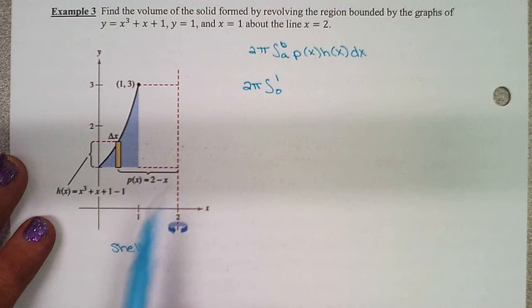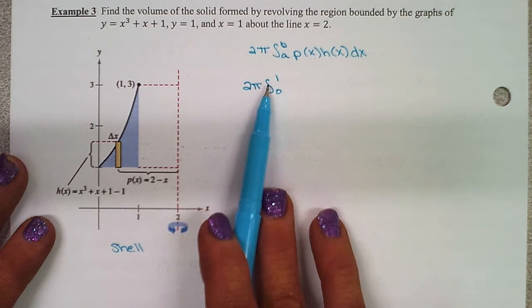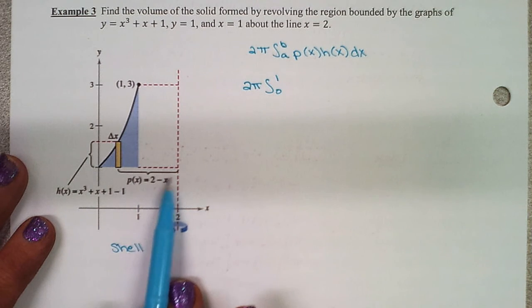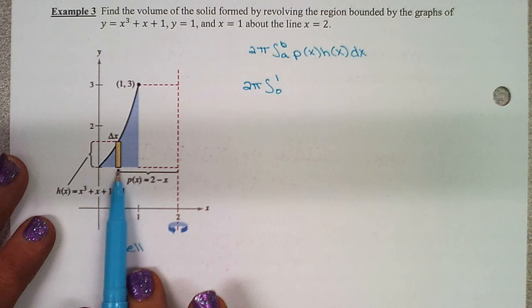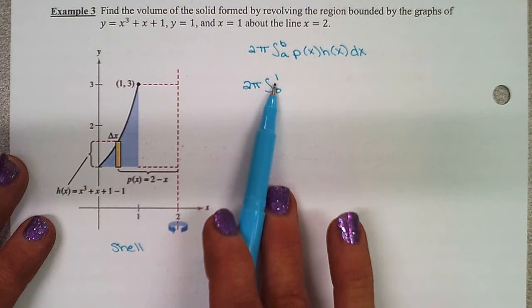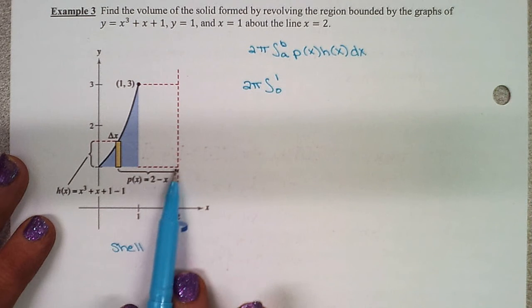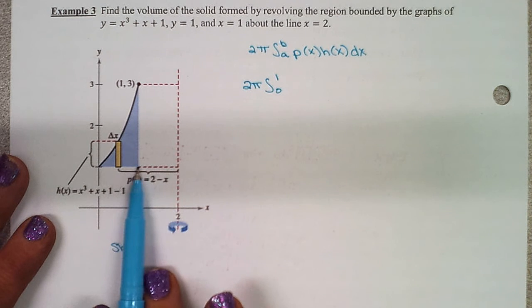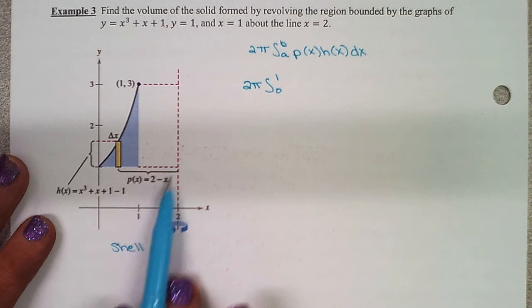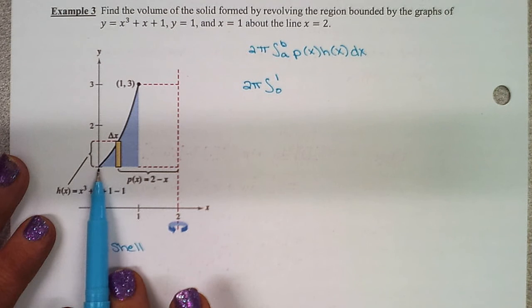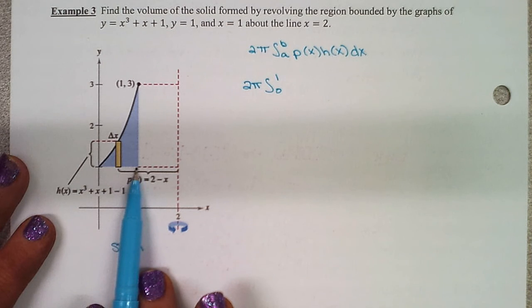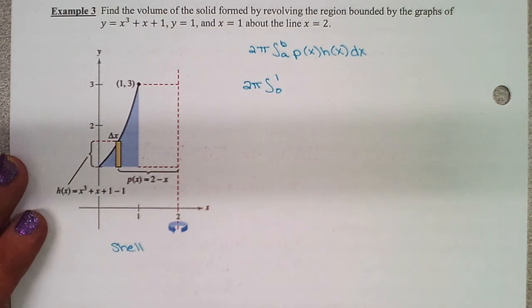If I'm at X equals 1/2, 2 minus a half is 1.5, so now I'm 1.5 away from that axis of revolution. All the way to 1, 2 minus 1 is 1, so now I'm 1 away. So by doing it as a 2 minus X, I'm starting out here and coming in to just 1 here.